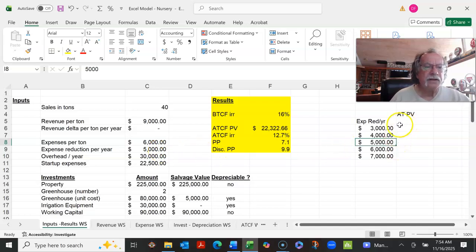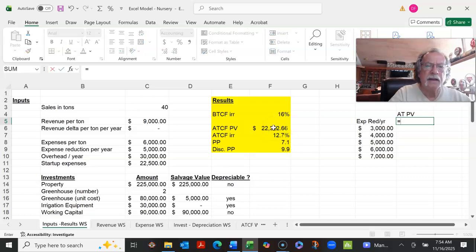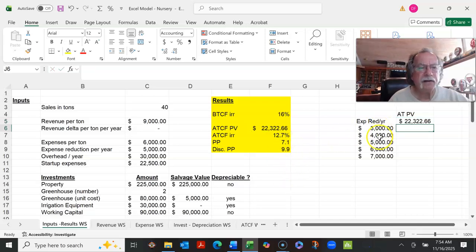And the way you do this is a one-way data table. Okay? And we put in our performance variable. Let's call it the after-tax cash flow. So this is what we want to test by varying these numbers here without going through trial and error, brute forcing it. Now note that this has to be done on the same page where this number is, as well as this number.